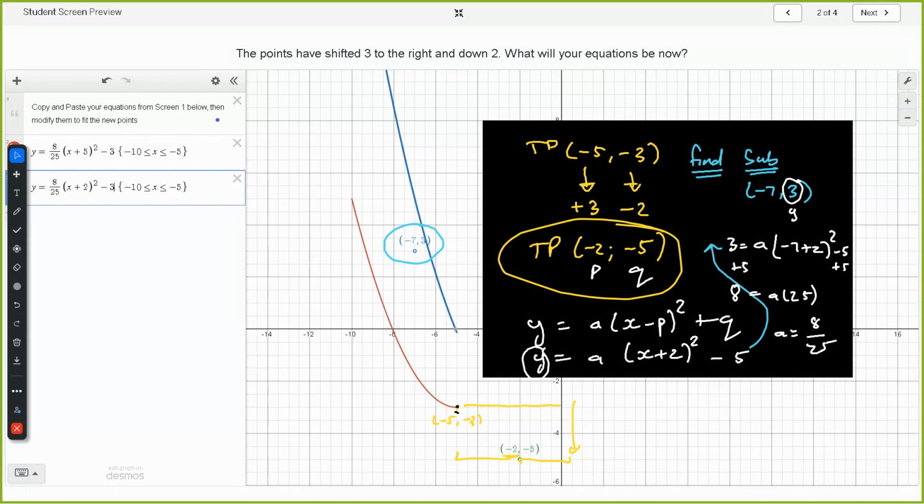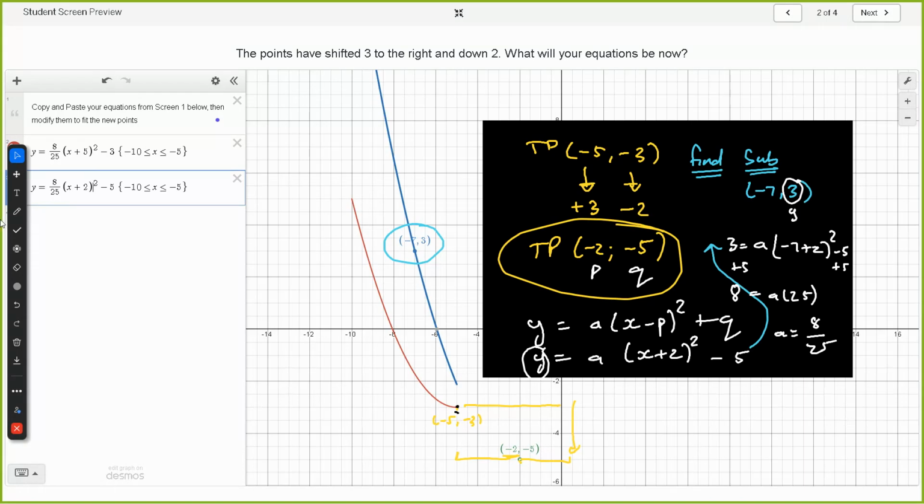So that's going to be q is going to be -5, so let's put a -5 in there. Alright, so I got +2 and -5, which is going to be those 2 values which I used, and a is 8 over 25. It's not actually reaching that point.